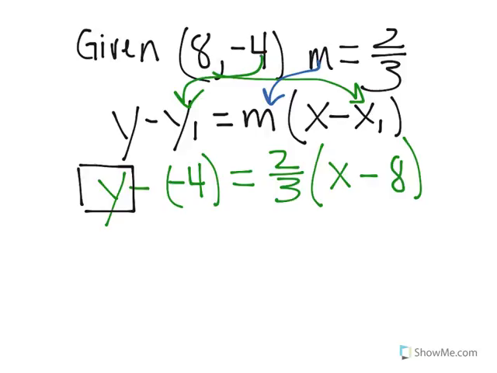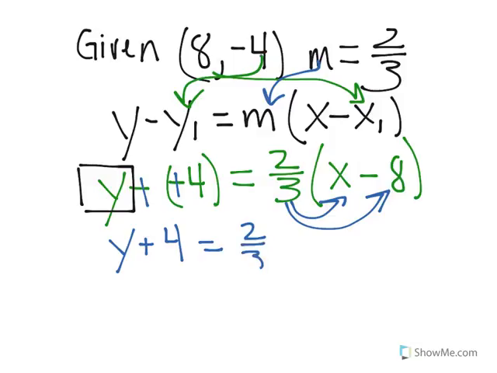So let's clean this up a little bit. Minus a minus is a plus, and we'll also want to distribute the 2/3. So we end up with y plus 4 is equal to 2/3 x minus 16/3.